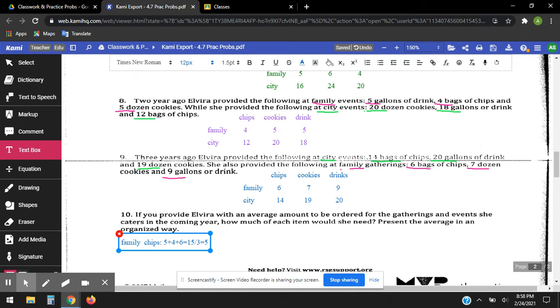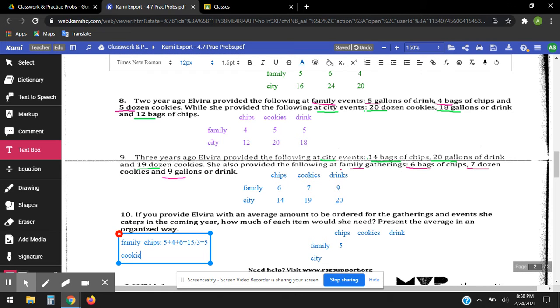Let's start that over here, with a little more space. Chips, cookies, drink, family, city. So I've just figured out that the family average for chips is 5.